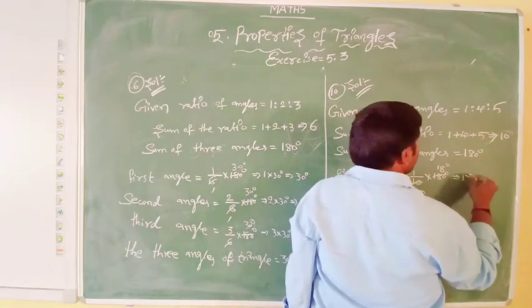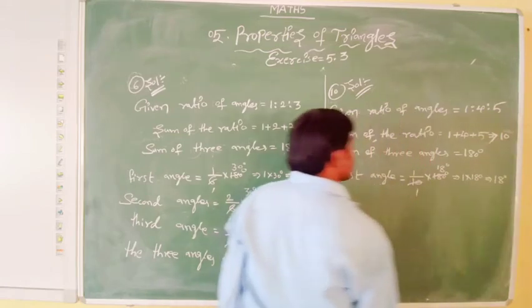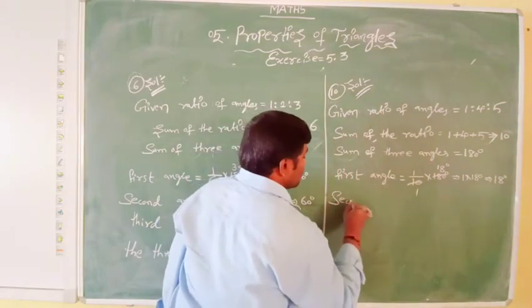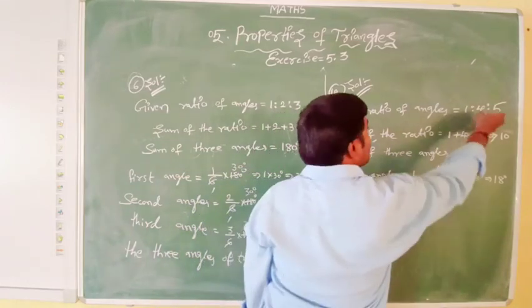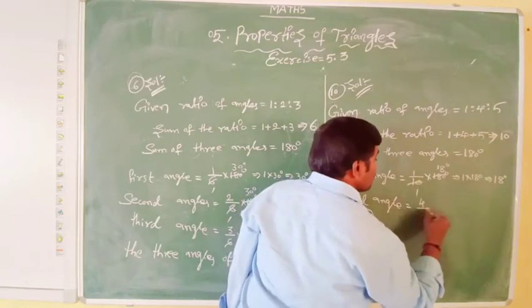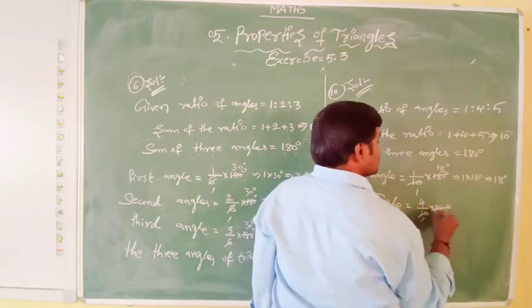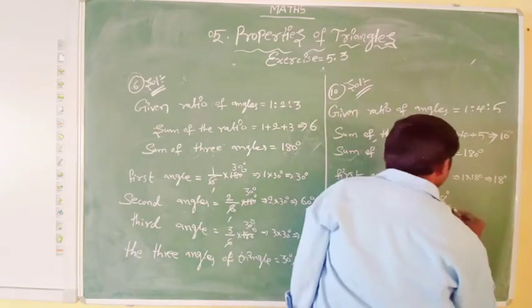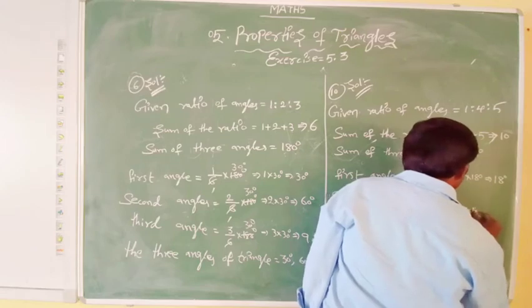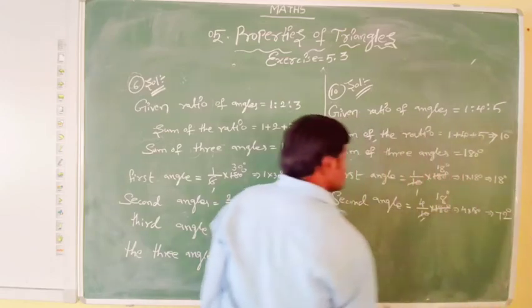Therefore 1 into 18 degrees equals 18 degrees. Then the second angle took 4 parts out of 10, into 180 degrees. 10 times 18 degrees is 180 degrees. Then 4 into 18 equals 72 degrees.